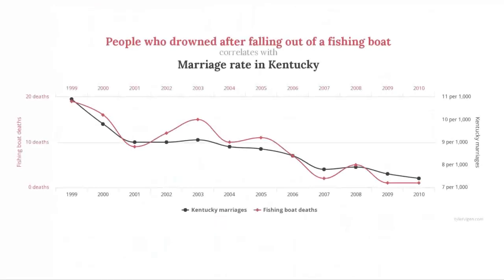Okay, so some of the ones that he found that are humorous: there is a strong correlation between people who drowned after falling out of a fishing boat and the marriage rate in Kentucky. So man, as the marriage rate declines, the people that fall out of those boats decline as well. So we gotta save lives and stop having people get married, right? Like that would be an erroneous conclusion from this graph.